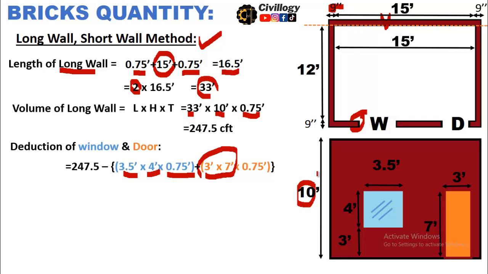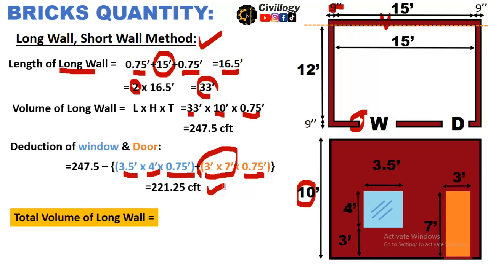As you can see over here, it's 3 feet and 7 feet, and the thickness of the wall is equal to 0.75. So in this way, the volume of door and window will be deducted from the total volume of the long wall. So it will become 221.25 cubic feet after the deduction of windows and doors. So the total volume of the long wall after the deduction of window and door will be equal to 221.25 cubic feet.